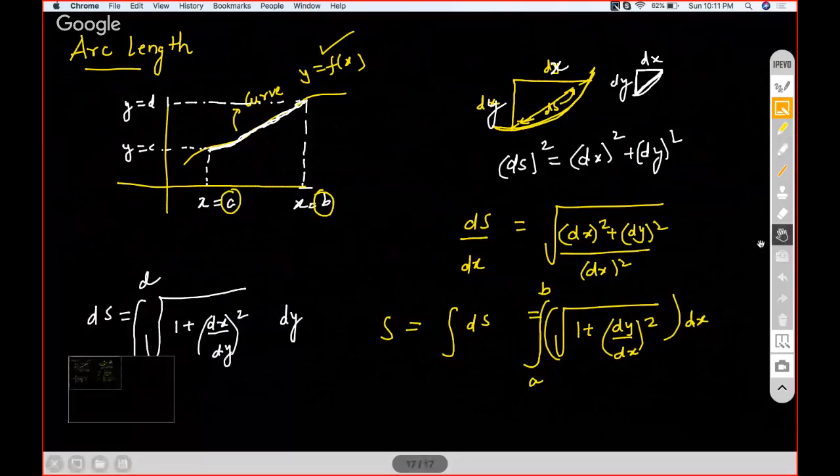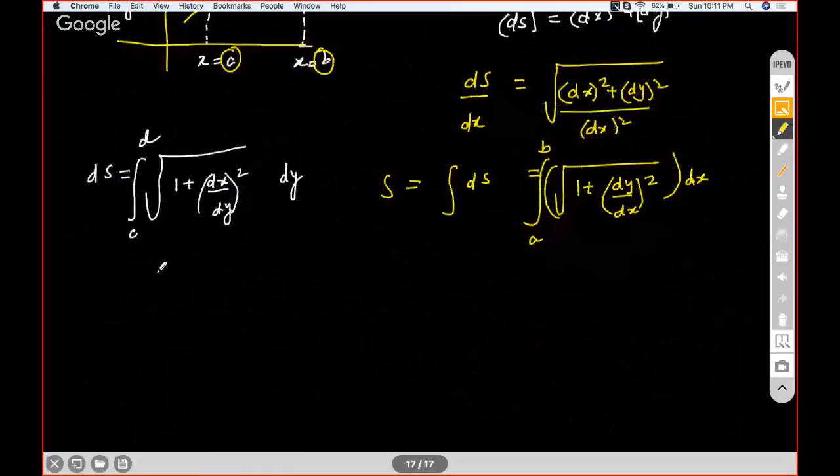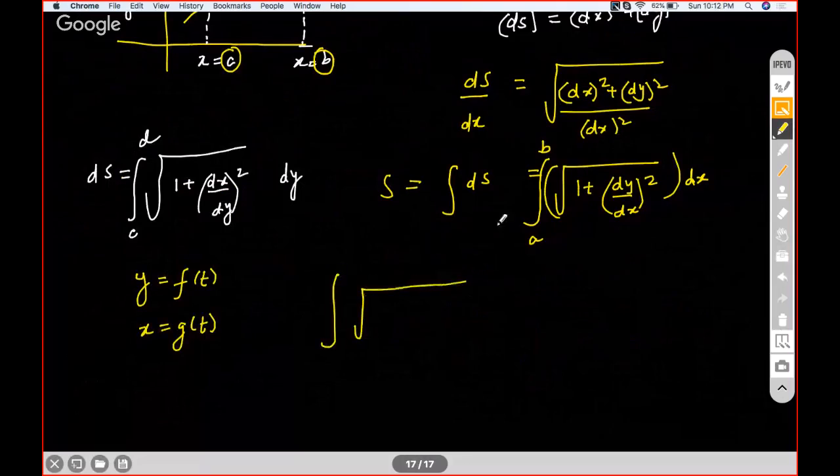And many times they're very clever. They will give you neither in x nor in y. They'll give you in parametric form. No need to convert. Then you can integrate under root of dy by dt whole square plus dx by dt whole square, with respect to t, using the parameter t.